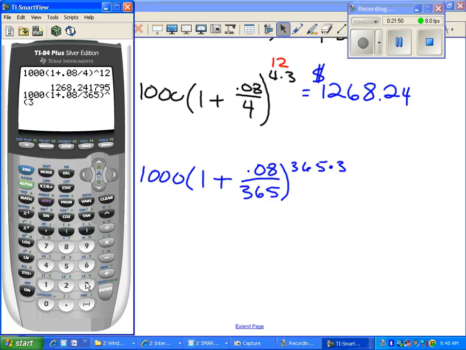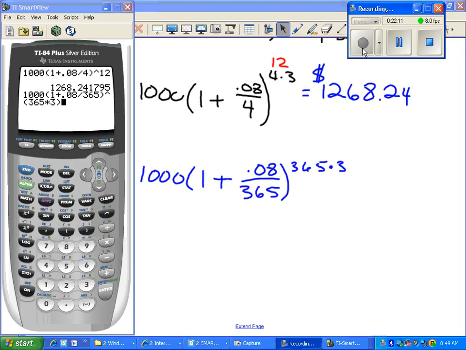Now, since I'm doing the multiplication here, I'm actually putting parentheses. So I'm going to do 365 times 3. I don't want to know what you're doing back there. Shh. So here we go, one more time.